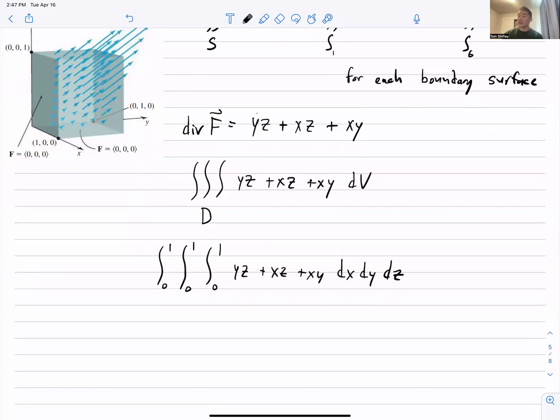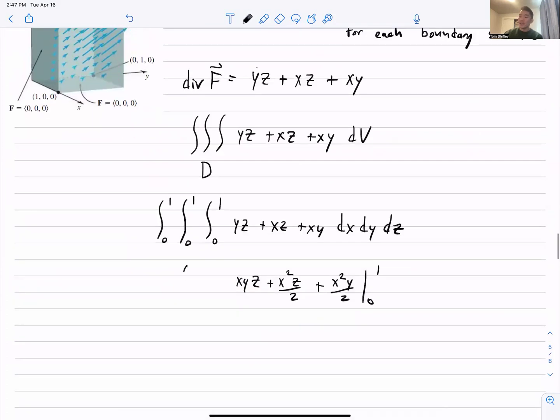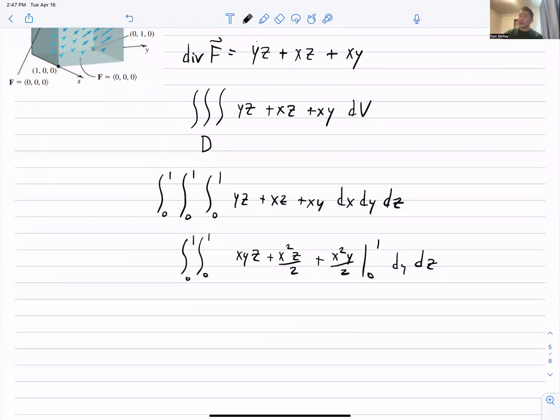And so the integral with respect to x would give you xyz plus x squared z over 2 plus x squared y over 2, evaluated from 0 to 1. And then I have to do the double integral for dy dz. If you plug in 1, you get yz plus 1/2 z plus 1/2 y, dy dz, from 0 to 1 each.